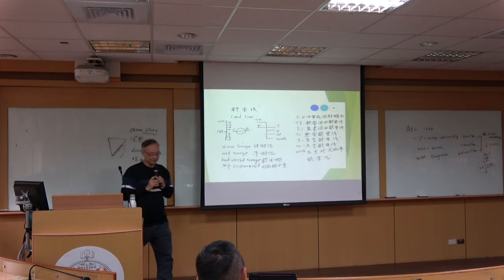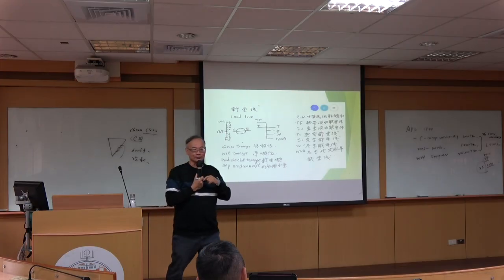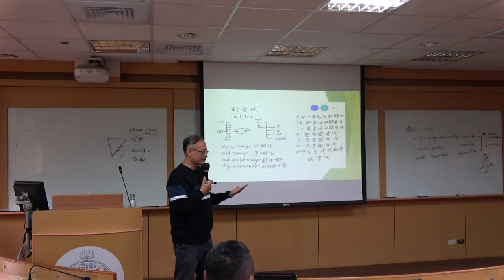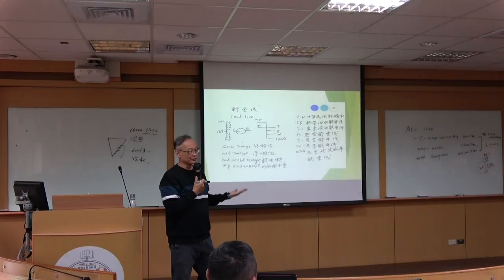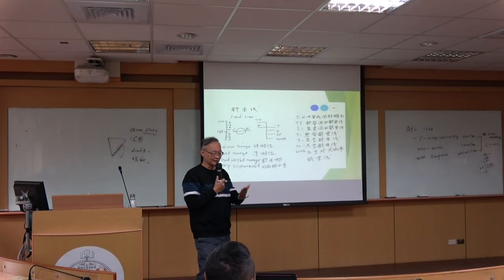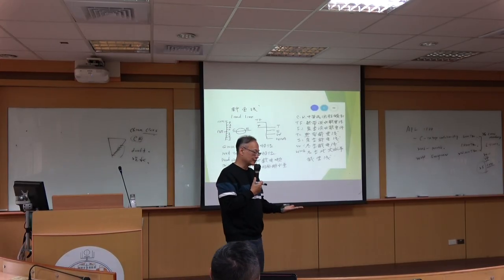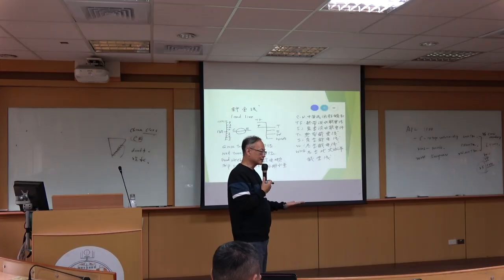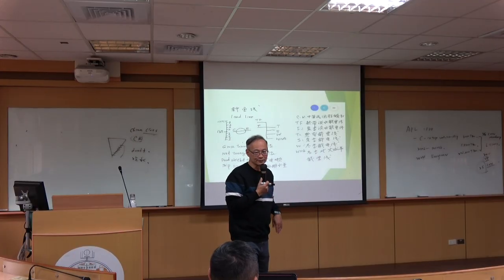Class means when you construct your ship, you find a classification society, and they will check whether you follow your design or the international standard to make your ship very safe. They will give you a certificate, which means your ship is qualified and certified as following the IMO regulation. Right?